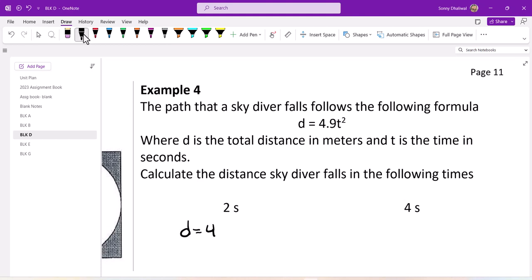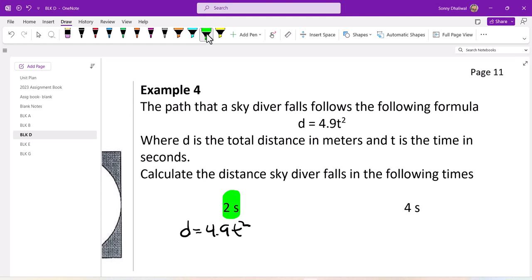Start off with writing the formula. That'll at least get you some marks. You showed me the concept you're using. Next part is you're using that formula, just like we did with all the other ones. You're plugging numbers in. The number they gave us is 2s.